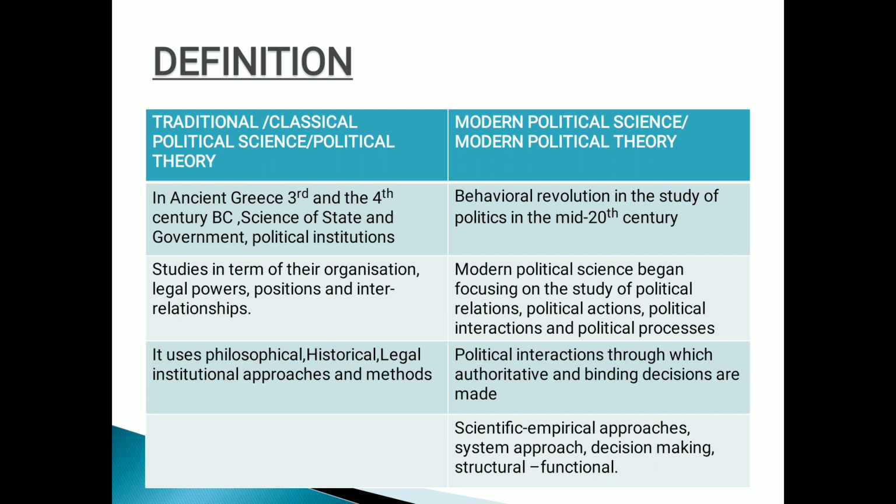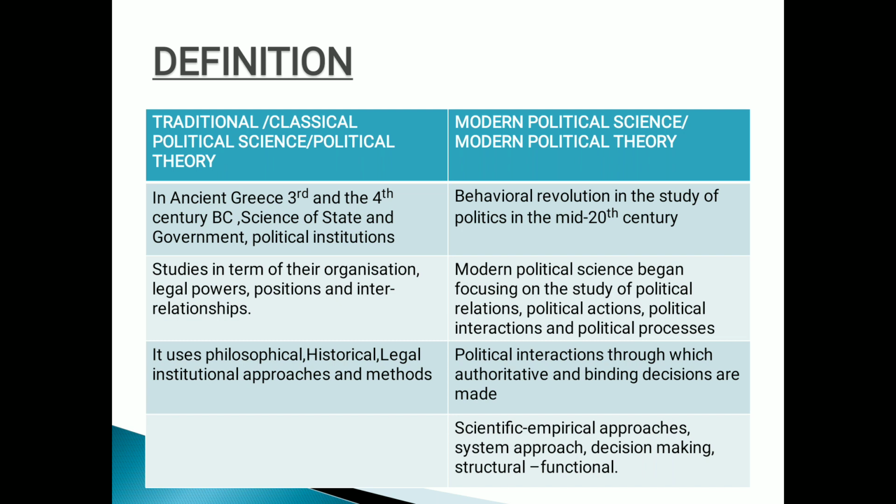Clear, everyone? I hope till now you have understood what political science is all about. Studying modern political science is all related to political actions, interactions, and political process. Political means government or public affairs of the country. Clear, everyone? Political activities are related to liberty, justice, property rights, law, right?